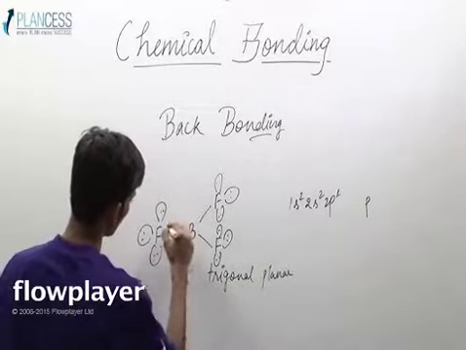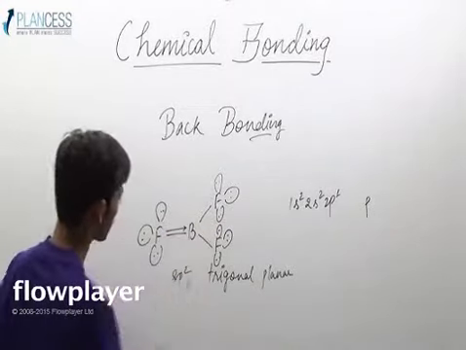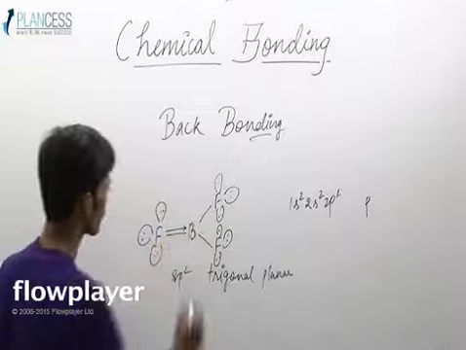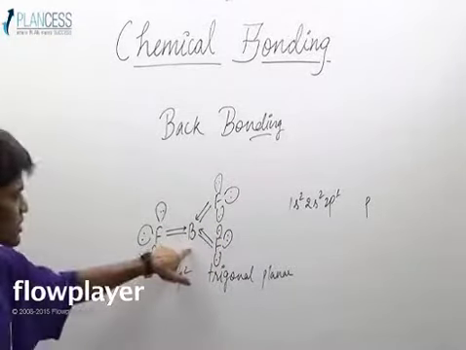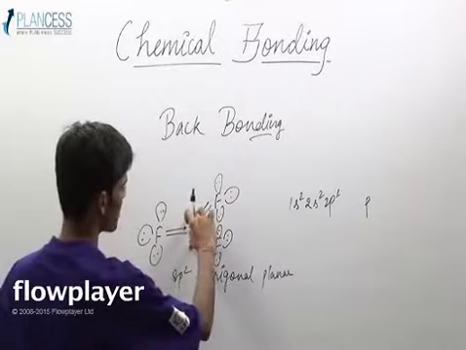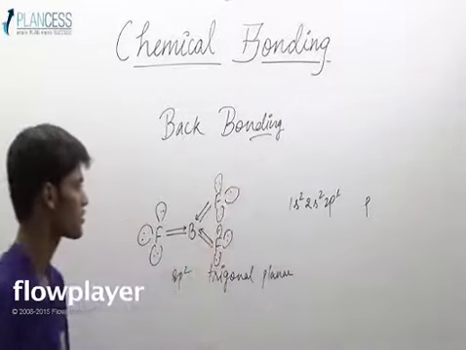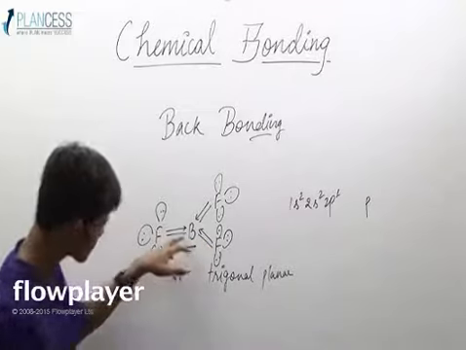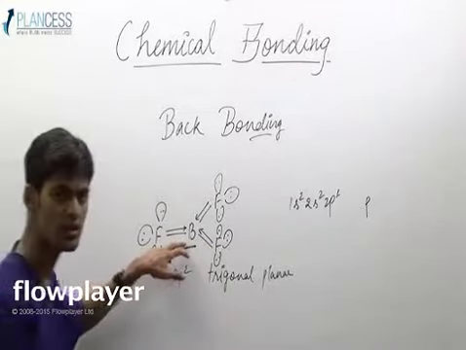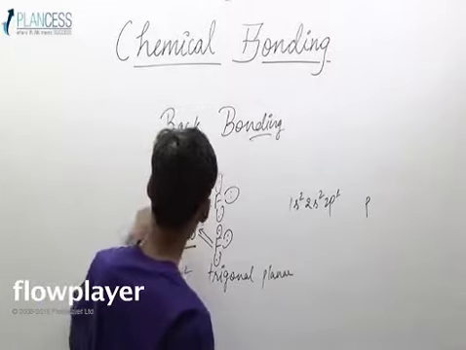So there is a sharing of electrons from fluorine to the boron from each side, and this is known as back bonding. It is an electron deficient atom and it has the extra pair of electrons, that is unbonded electrons. So the electron deficiency is due to the incomplete octet.